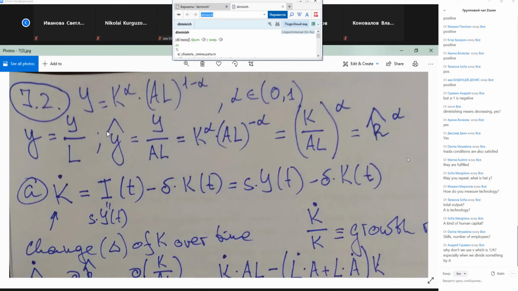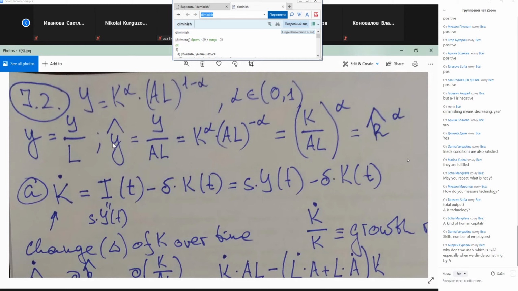Going back here, to define the output per unit of effective labor. AL is effective labor. We introduce a new character, y hat, which means output per unit of effective labor.